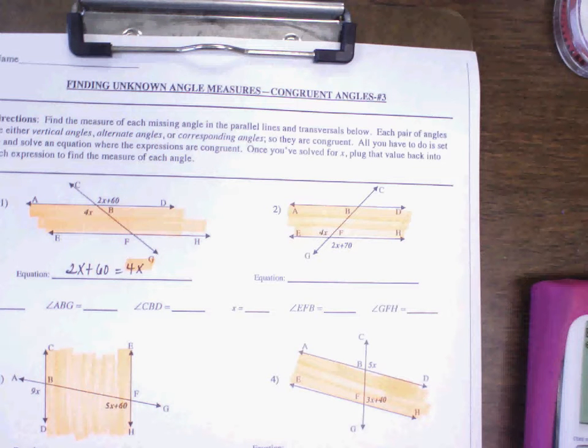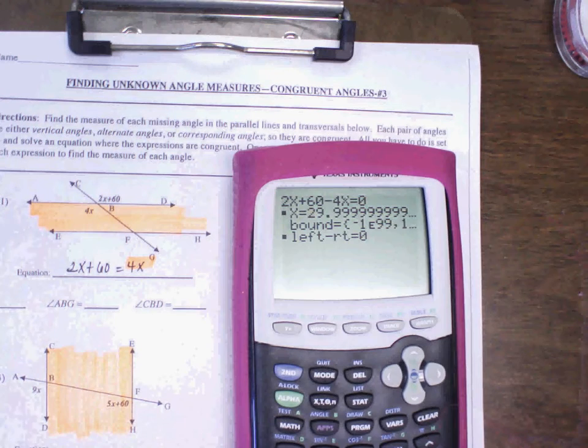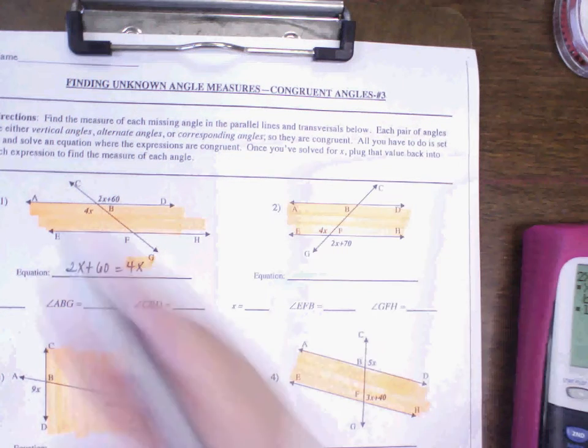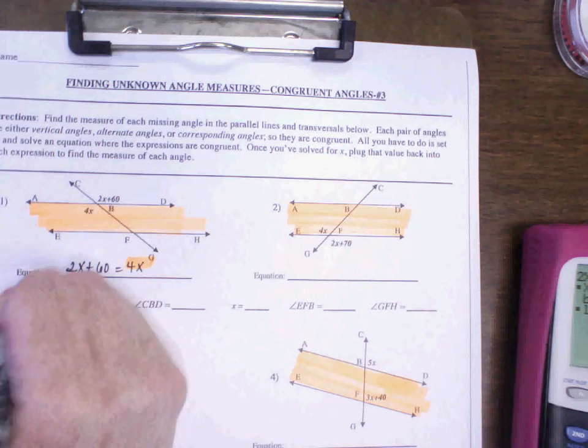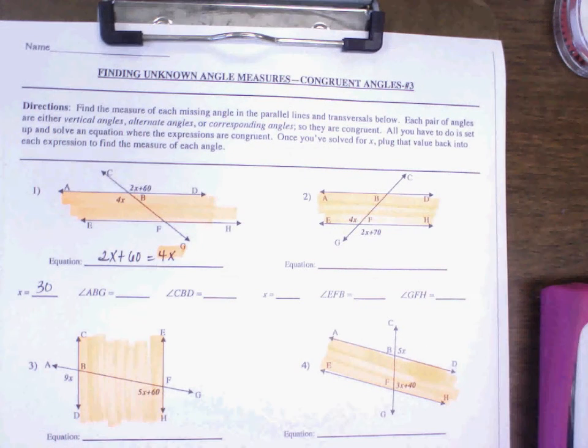Latanya says 30. Yeah, I got 29.999999, right? That means 30. I don't know why the calculator does that. So x equals 30.